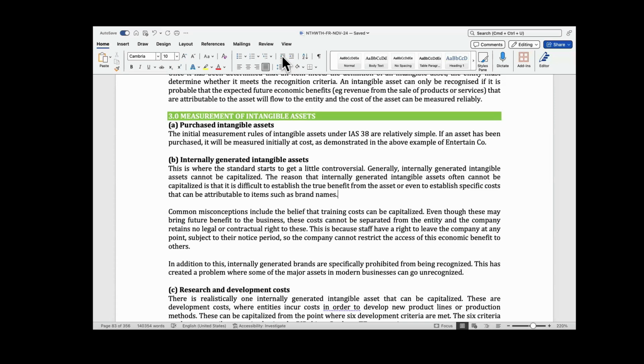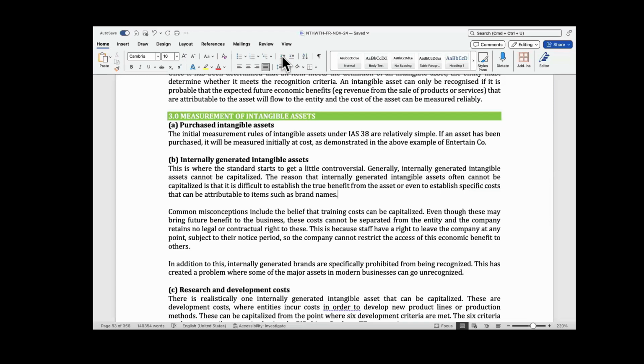That's why you find it recognized in a consolidated account. But what I'm talking about here is an individual entity's account. The good name or brand name you have developed for yourself is not recognized in the books, because of the difficulty in establishing the benefits or the amount used in creating such internally generated intangible assets.